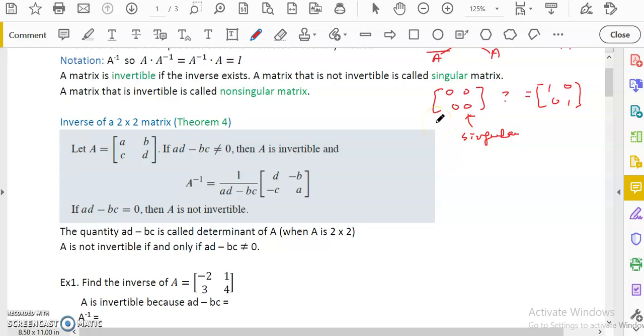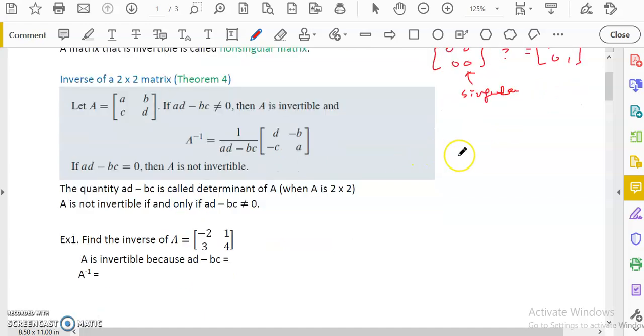So how do I find the inverse? It turns out there is a formula for the inverse of a 2 by 2 matrix, and also a way to find out if it is invertible. Say the 2 by 2 matrix is A, B in the first row and C, D in the second row. Multiply the diagonal AD minus the backward diagonal BC.